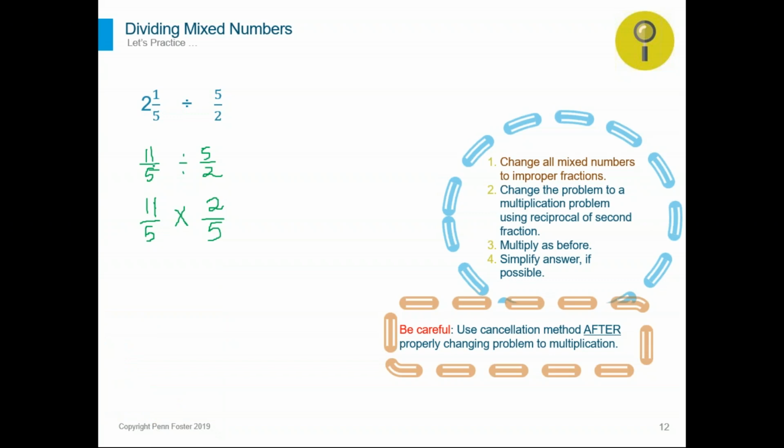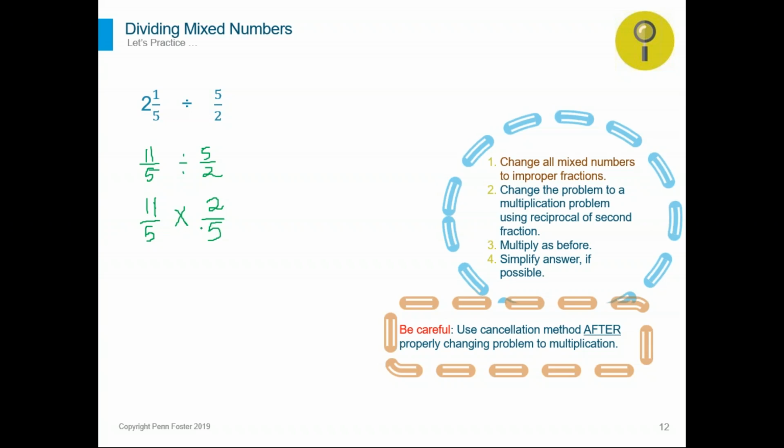Then once we have two fractions, no mixed numbers, no whole numbers, we are able to change the problem from division to multiplication. Keep the first fraction as is, change the sign to multiplication, flip the second fraction, find the reciprocal of the second fraction, so it becomes 2 over 5. Now we just treat it as a normal multiplication problem.